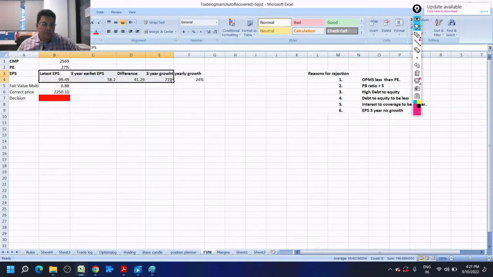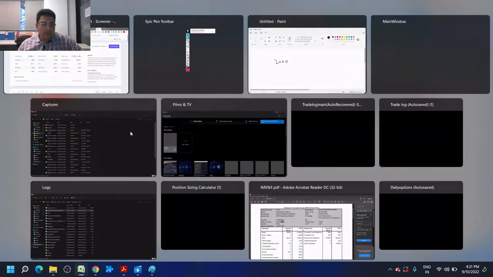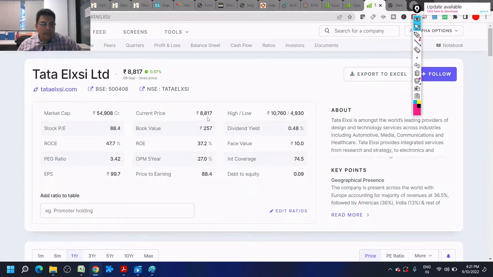I will first fill it in one by one so that you understand this. Let's do this for Tata Elxsi. What is the current market price of Tata Elxsi? The current market price is 8817.